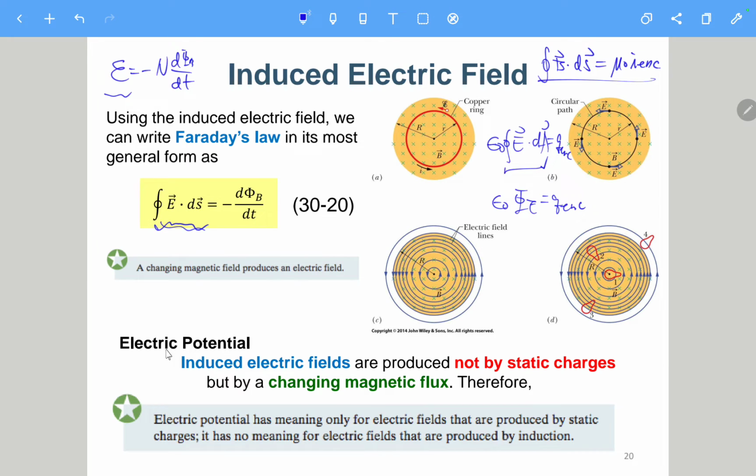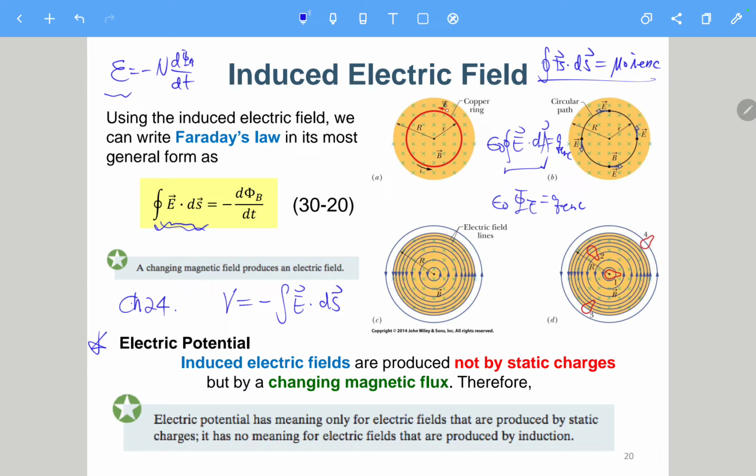Okay, so here we need to note that when we learned chapter 24 about the electric potential, we have V. At that time, we know V equals negative integration of E dot ds.